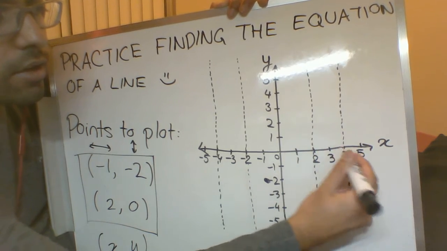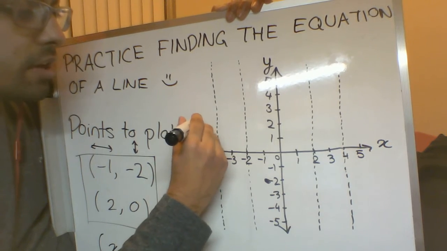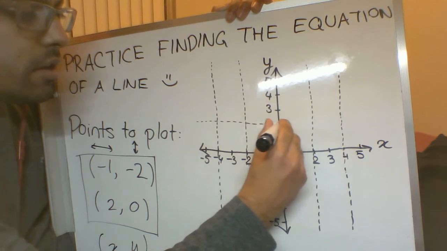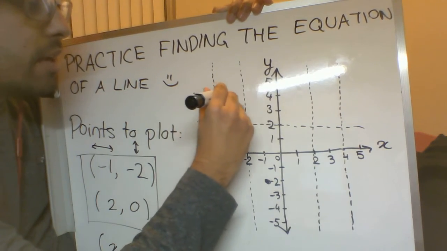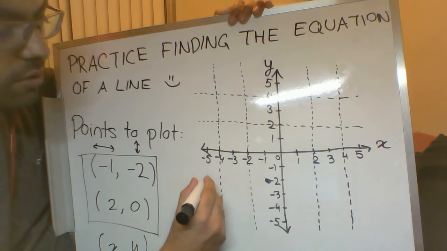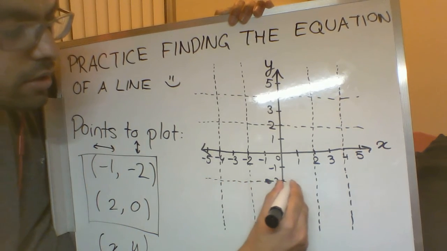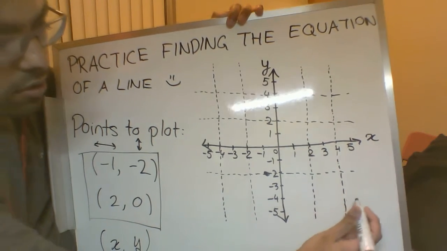Something like that. All right, and then we've got some horizontal ones, and then we'll actually plot our 2 points. Sorry, I kind of left that in the middle, but now I'm feeling like, just for the sake of completeness, we should have these grid lines in here. That one is definitely not as straight as it could be.